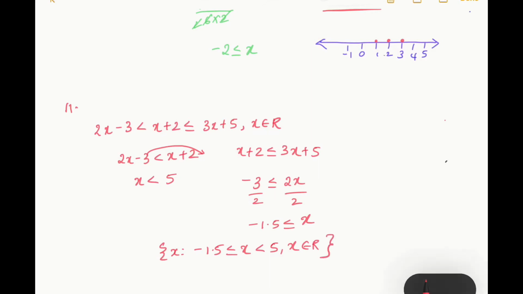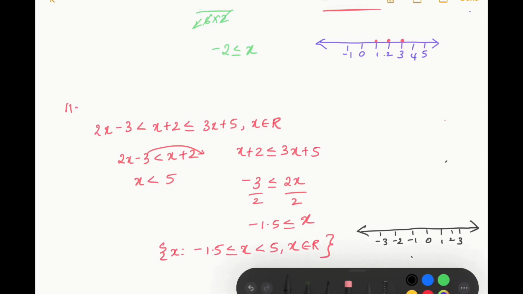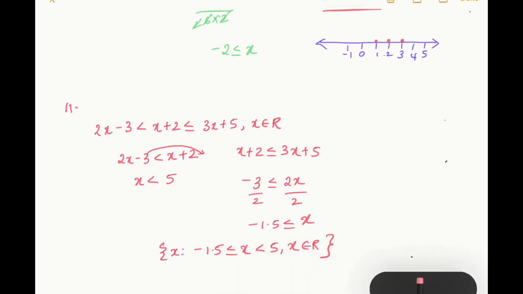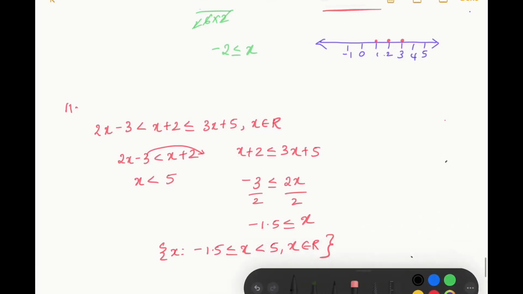Okay. Now how do you draw the number line for this? You can write as minus 3, minus 2, minus 1, 0, 1, 2, 3. Okay, let me redraw the number line here.